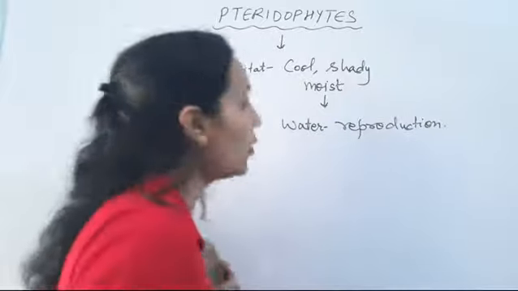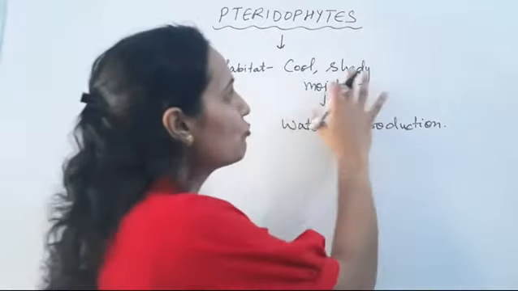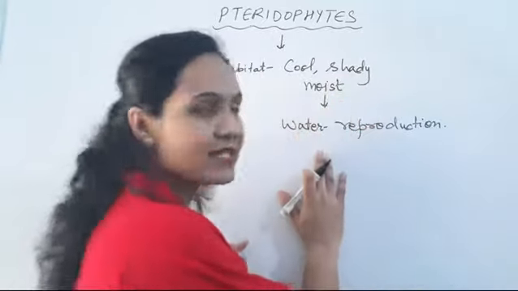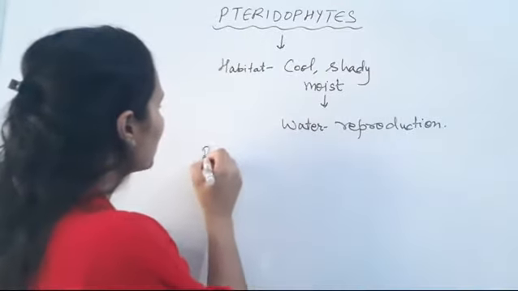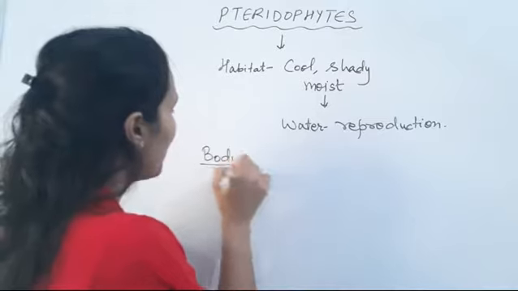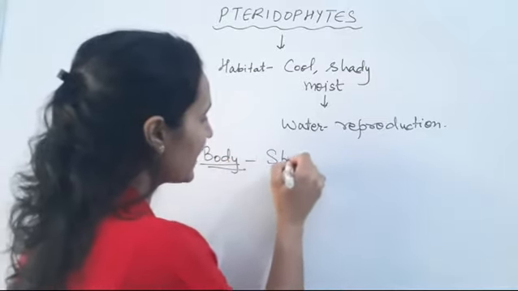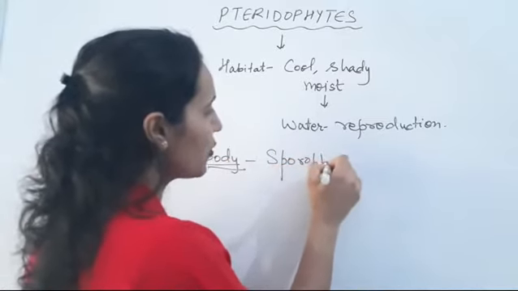Clear? So talking about the main plant body, here in this case the main plant body is sporophytic.